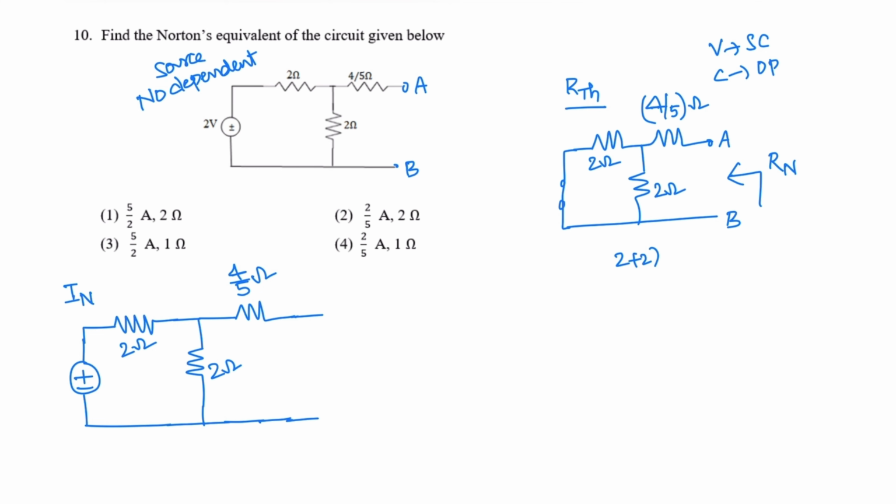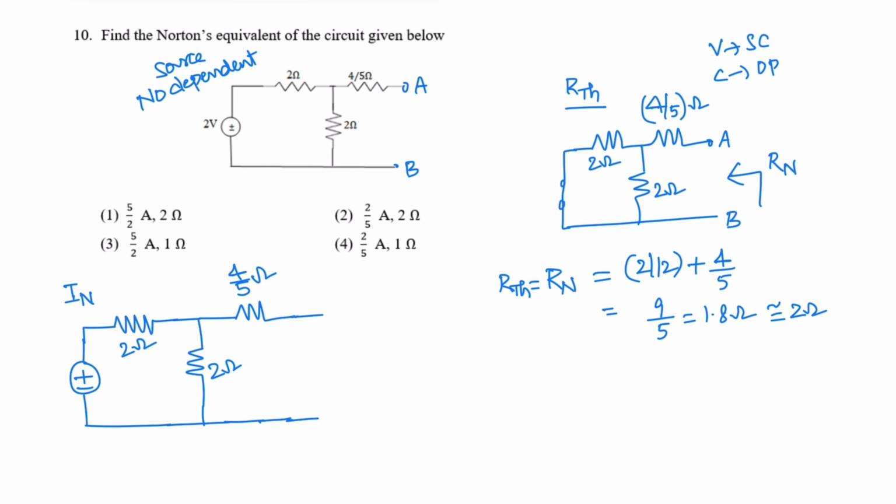These two 2 ohm resistors in parallel are in series with 4 ohms. So this is the Norton resistance or Thevenin resistance for this circuit, and its value is 9/5, 1.8 ohms. So approximately we can take it as 2 ohms as per the options.